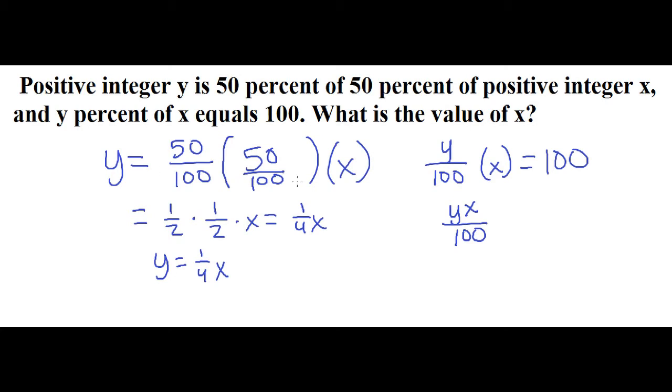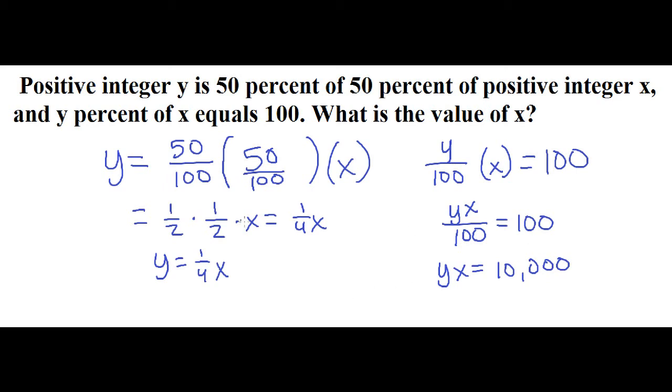So we have yx over 100 equals 100. Now we're going to multiply both sides by 100 to eliminate the denominator, and we're going to get yx equals 10,000. My shortcut for that is if you're multiplying by 100, you just add 2 zeros to the end, or if you were multiplying by 1,000, you would add 3 zeros, etc. So you just add the number of zeros that you multiplied by to the end.